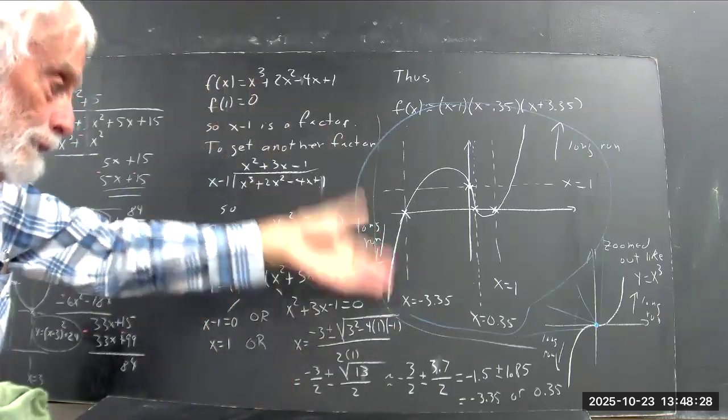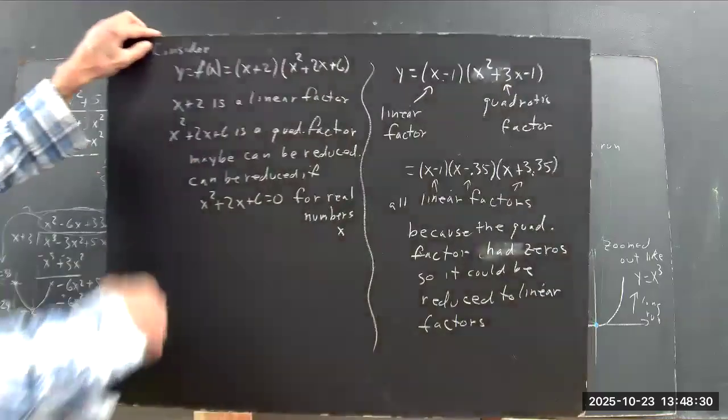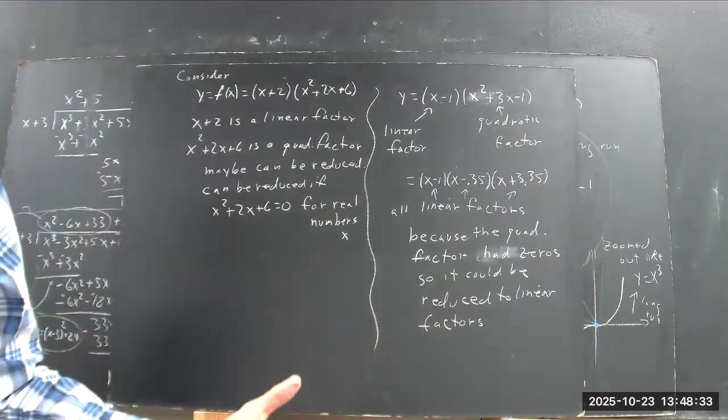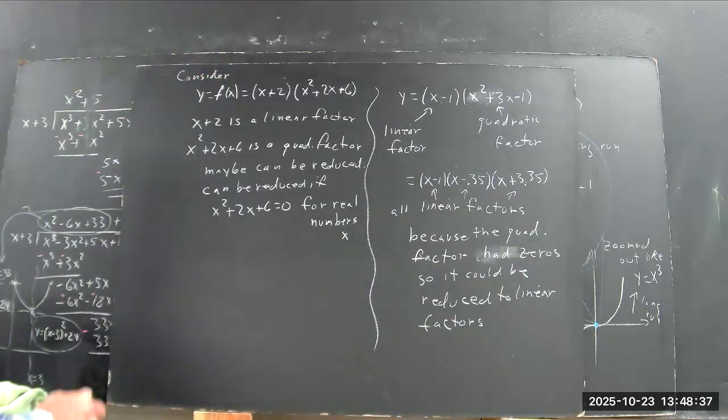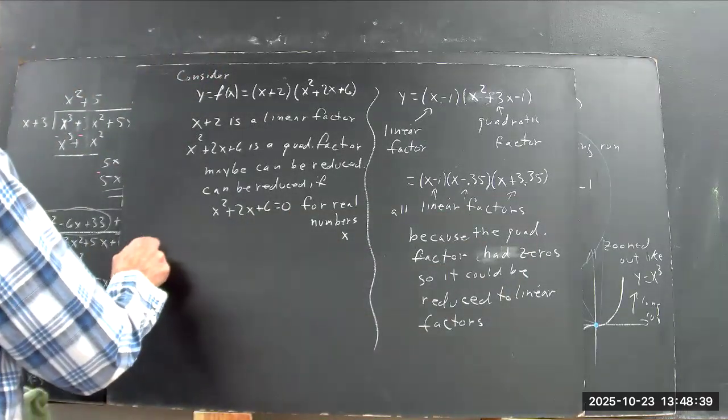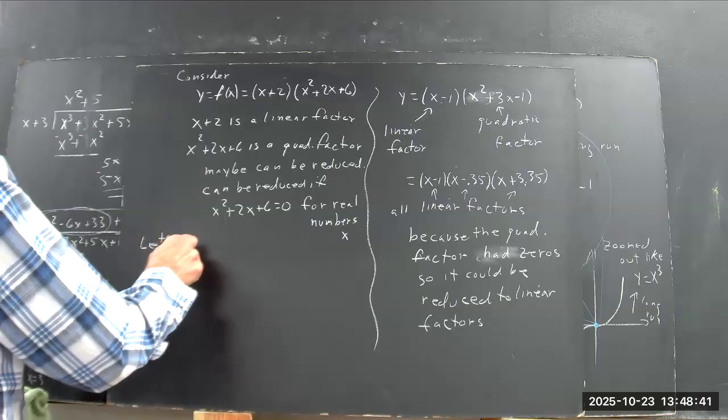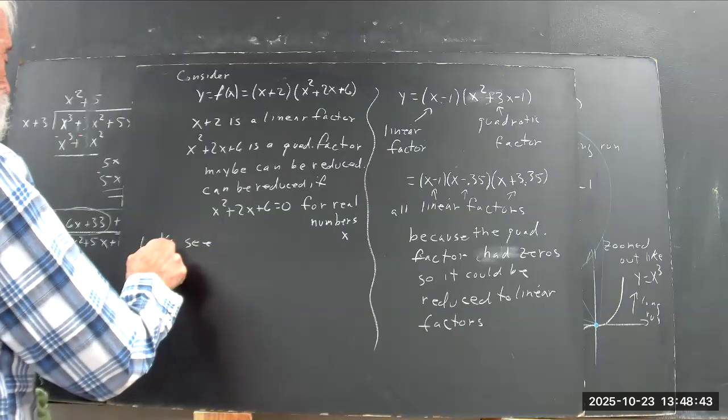They're about negative 3.35 and 0.35. So we could write the thing like this. In this case, let's see.